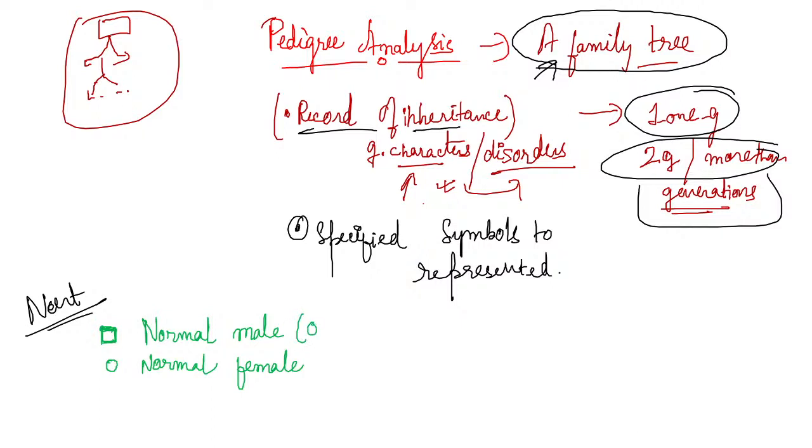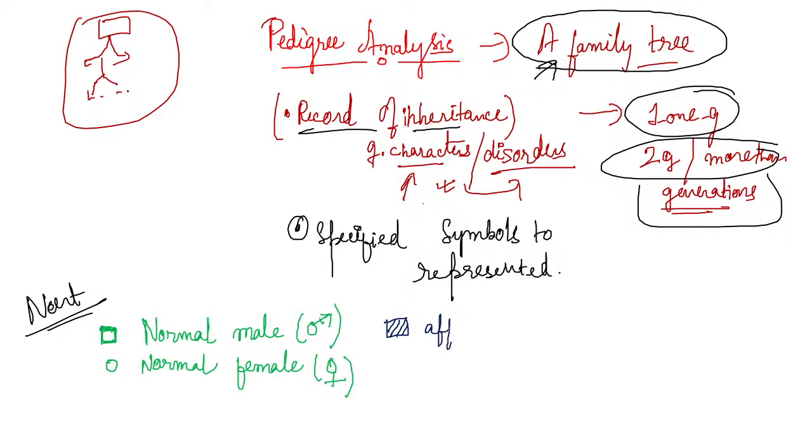So how do we draw male? Like this, male, and this is female. Okay, so normal male and normal female. Now when the male will be affected, how will we draw it? We will draw a square box and we will cut this box.